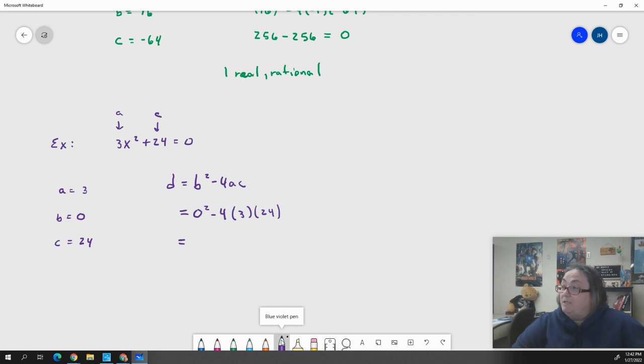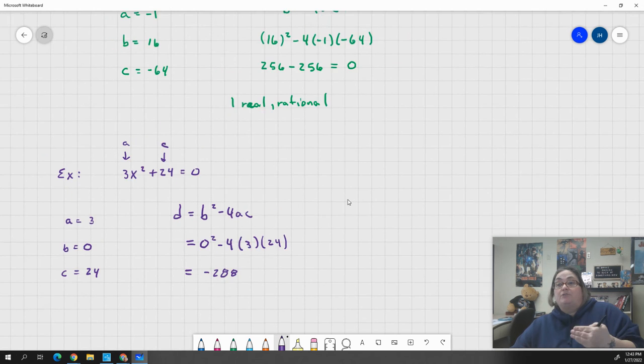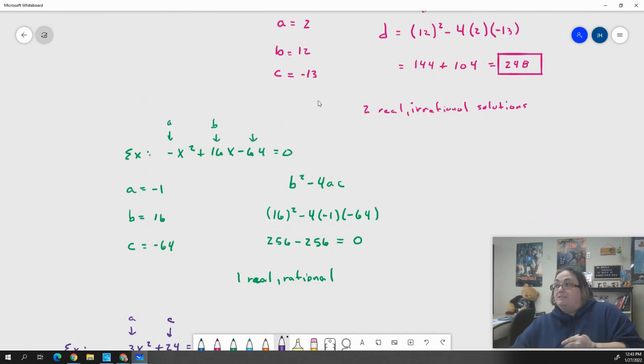So really what we're dealing with is negative 4 times 3, which is negative 12, times 24. So we wind up with negative 288. A negative 288 is less than 0. So our discriminant is less than 0.